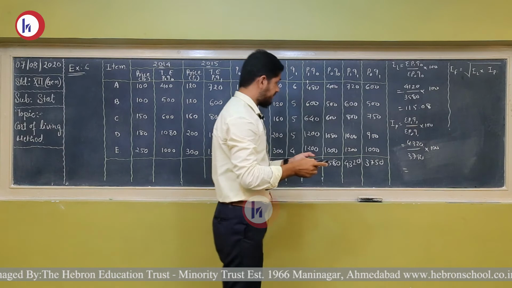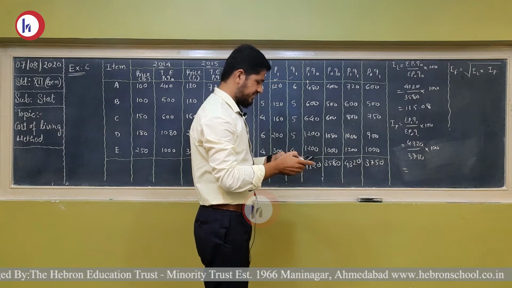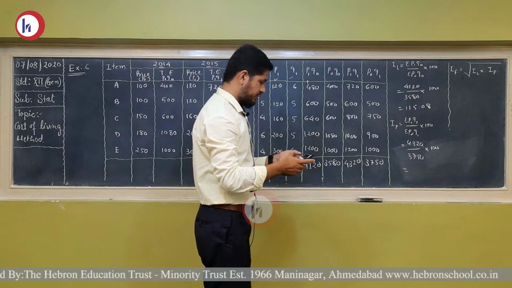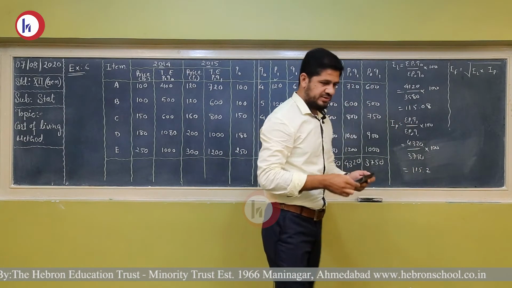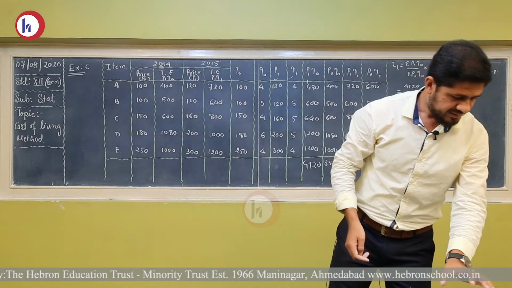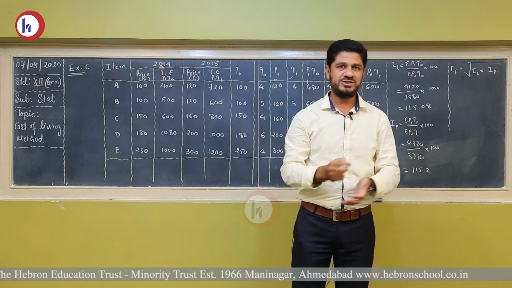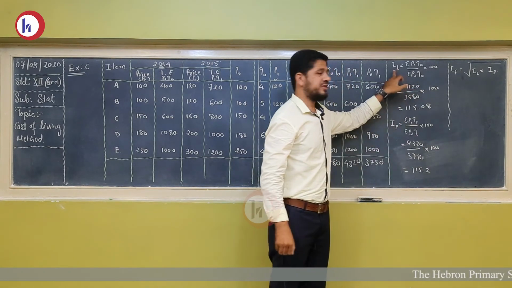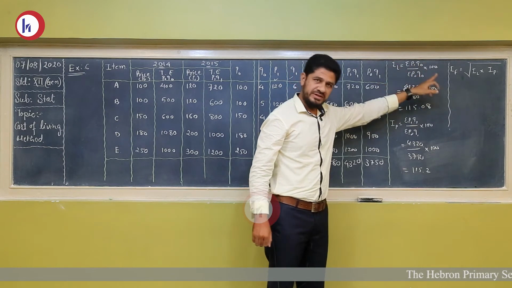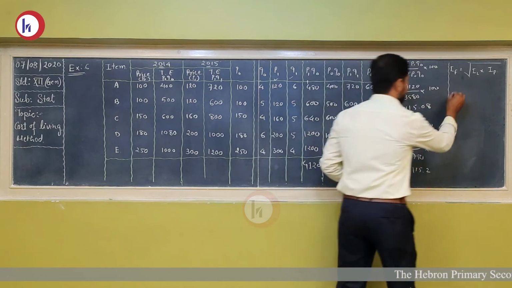You'll get 4320 divided by 3750 equal to 115.2. Now friends, you can see in the question that the Laspeyres value is not asked, though I found the value of Laspeyres, because we need to input that into Fisher's formula, right?